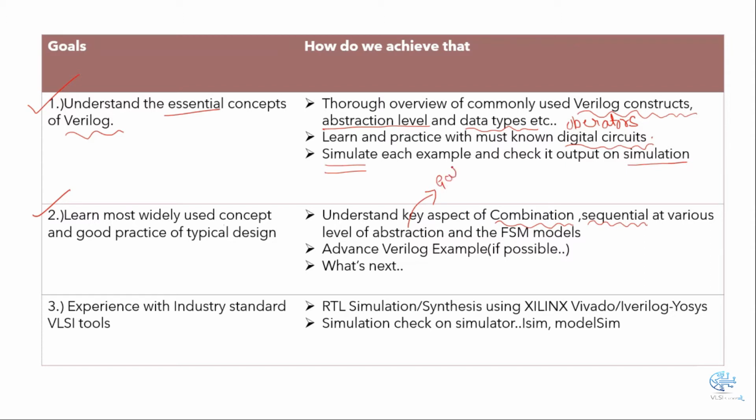Here, the level of abstraction means whether we should go for gate level designing, behavioral coding, or structural coding. We're going to cover all these three levels of abstraction, and we're going to design our combinational and basic sequential circuits.